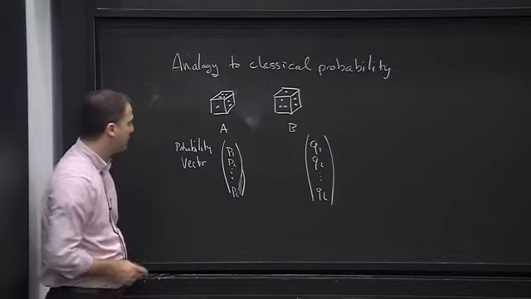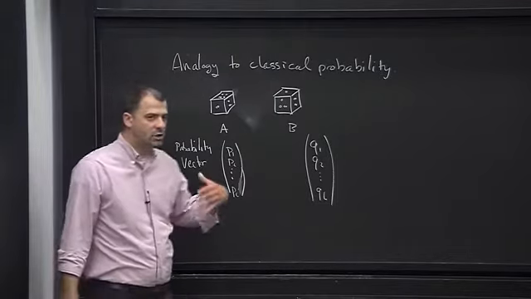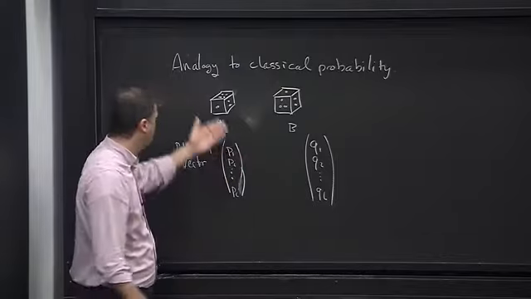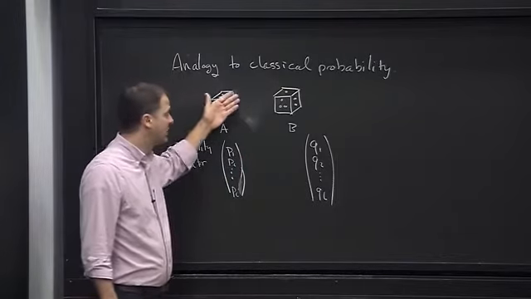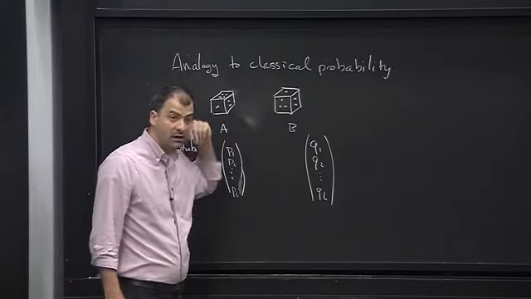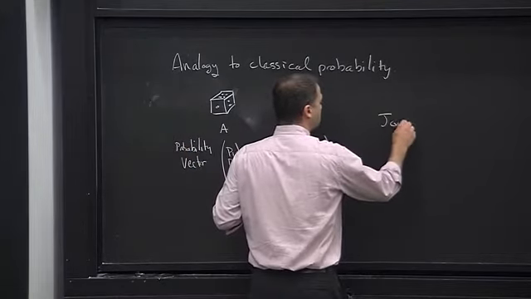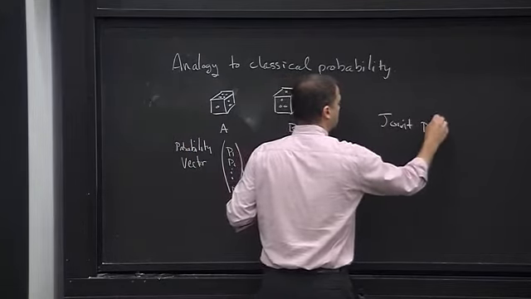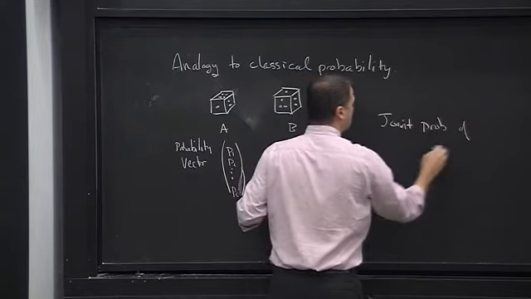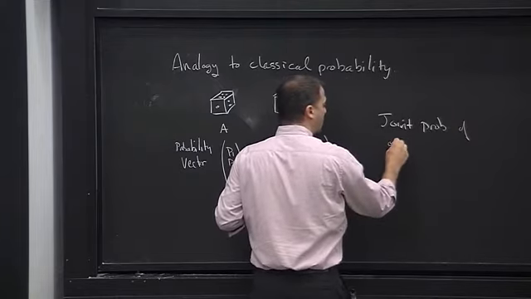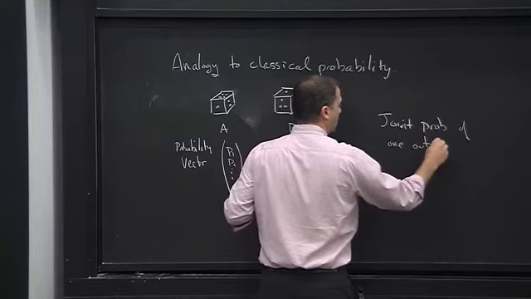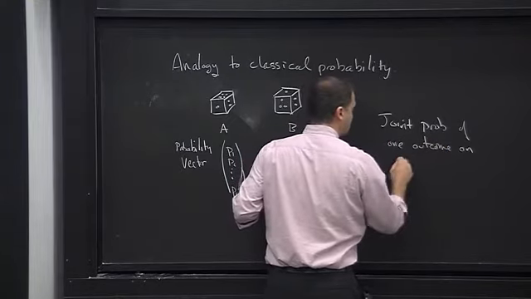They can be arbitrary. And now I want to say, what's the joint probability of getting a 2 on this die and getting, say, a 3 on that die? So I can talk about the joint probability of one outcome on each die.